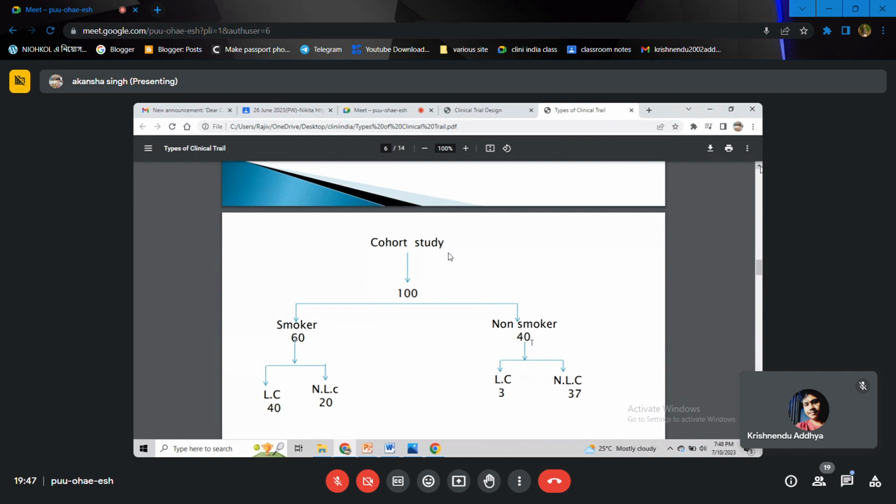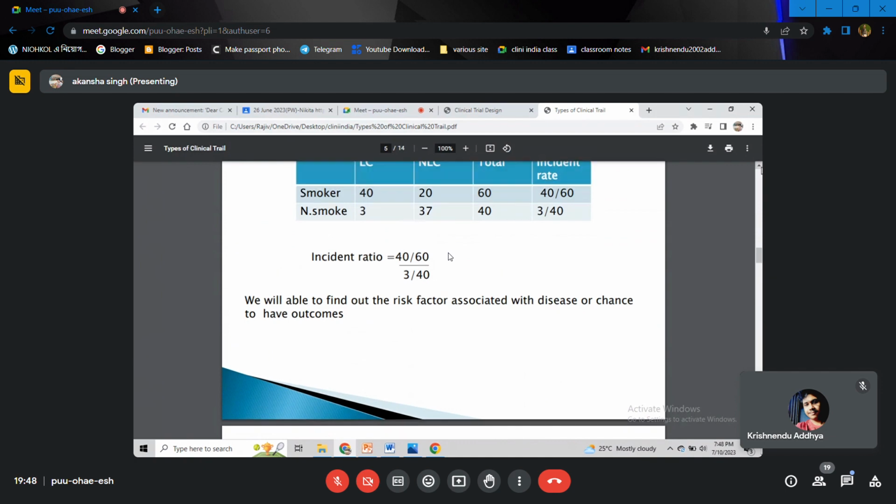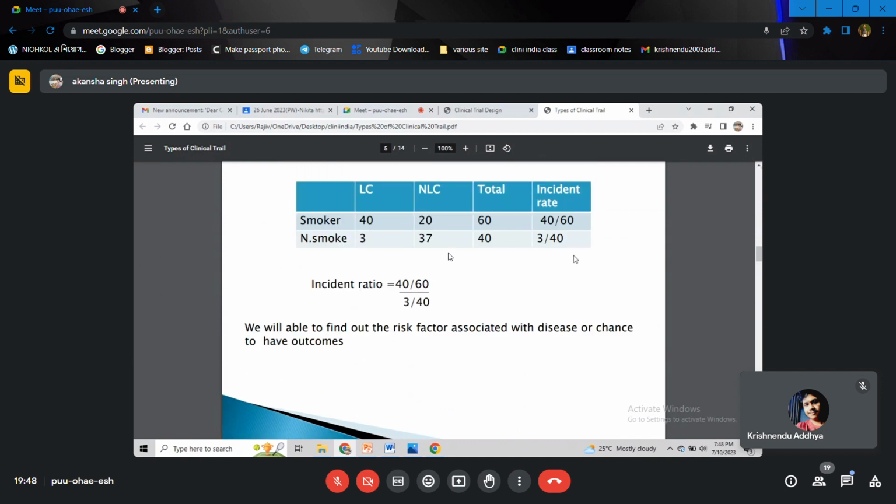Now you will calculate the incidence ratio. The purpose of calculating the incidence ratio is to find the chances of having an outcome of a particular disease. For smokers, disease was 40 and non-disease was 20. For non-smokers, disease was 3 and non-disease was 37.